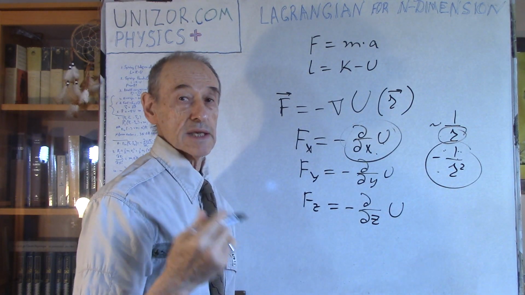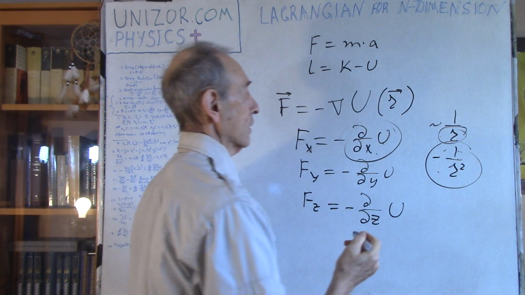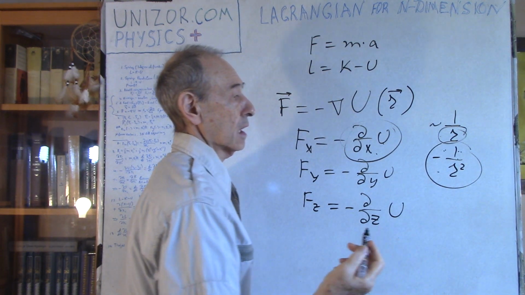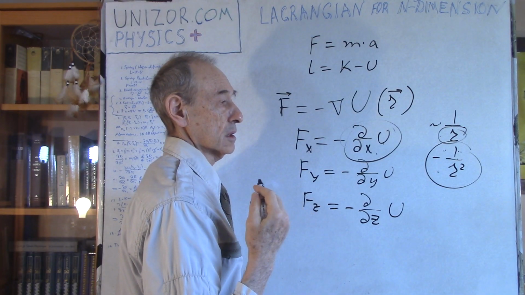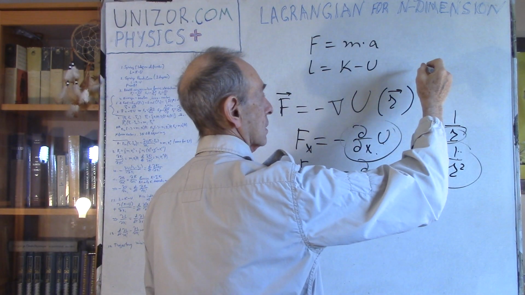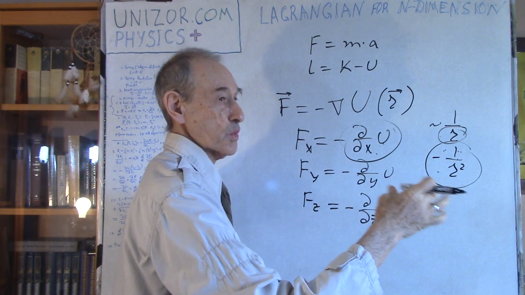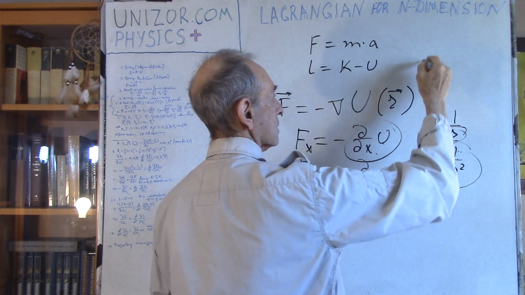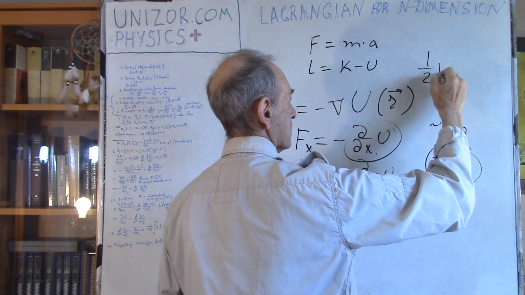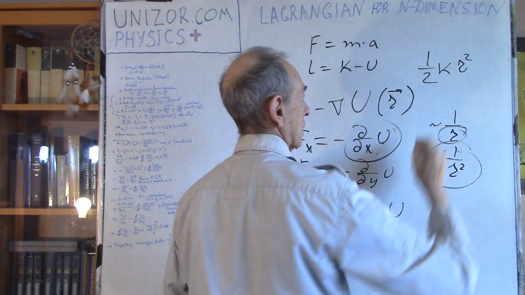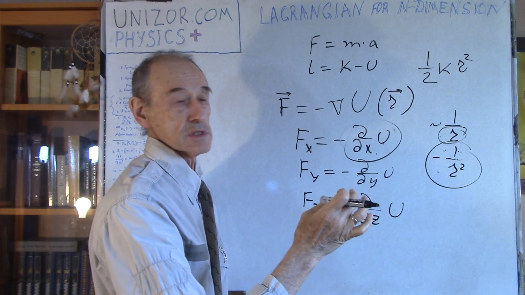If you take, let's say, a spring, now in the spring case, your potential, if you just squeeze the spring by a certain length, then the potential would be, I think, this one, where r is the distance of squeeze.